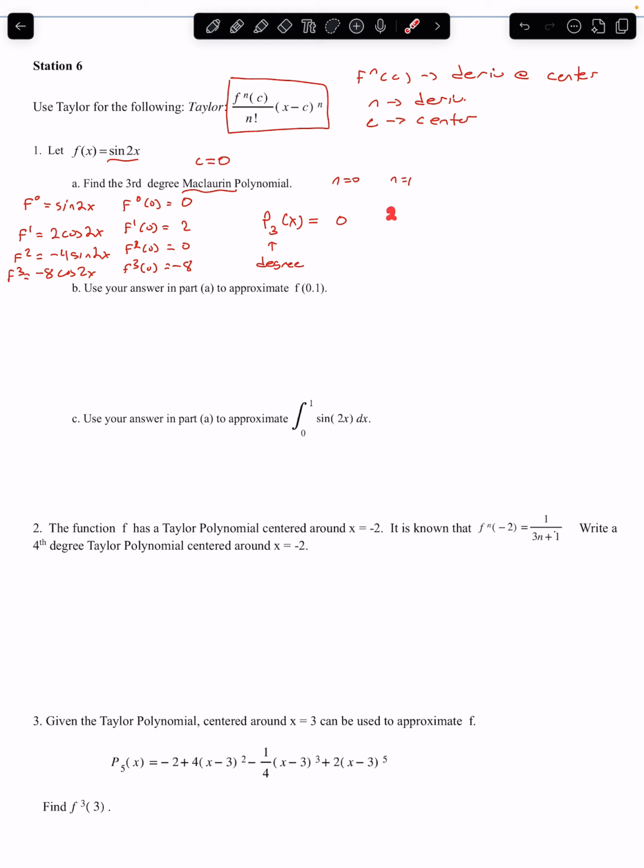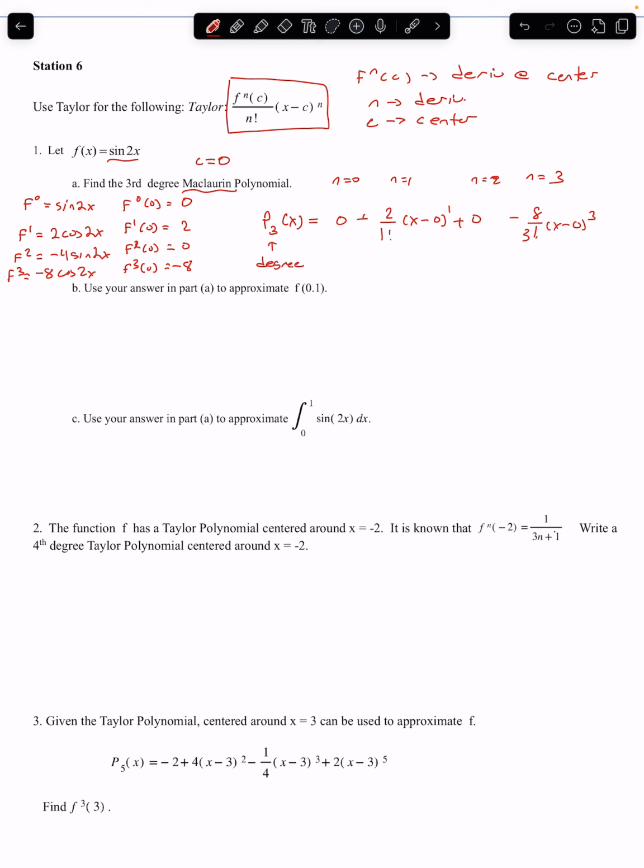This is going to be 2 over 1 factorial, x minus my center, 0, to the first, plus let n be 2, which is 0. And if I let n be 3, that's what we're looking to, that's going to give us minus 8 over 3 factorial, x minus 0 cubed.